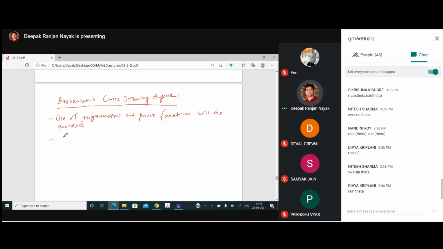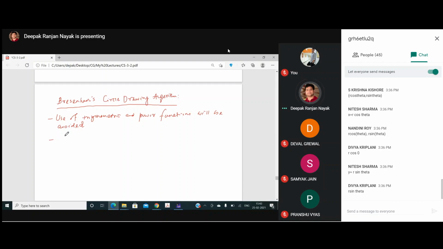Then we'll see the algorithm in a similar way. If you remember Bresenham's line drawing algorithm, we had a few cases, and initially we talked about the case where we sample along the x-axis, and for the y-axis we have to choose either the same point or the top point.